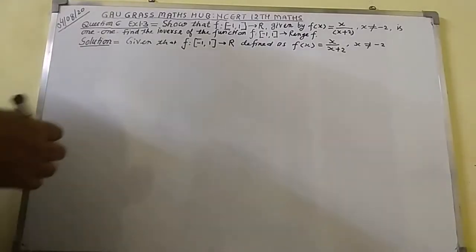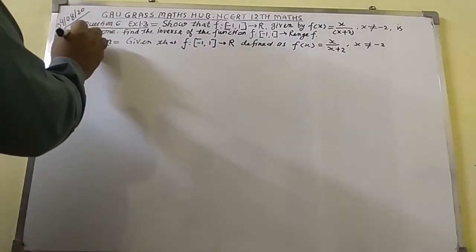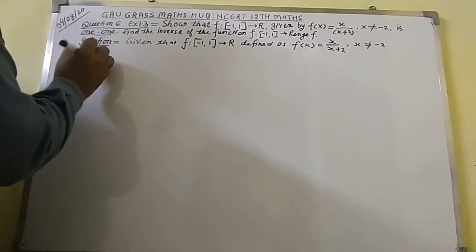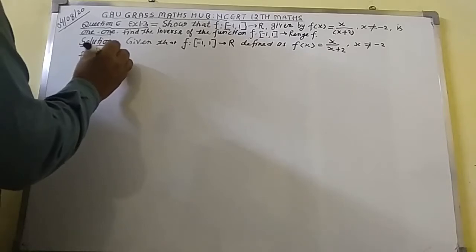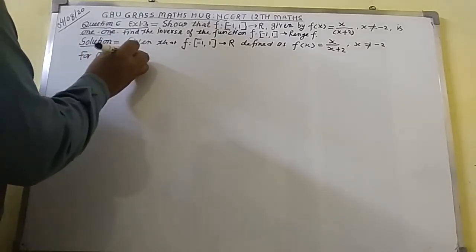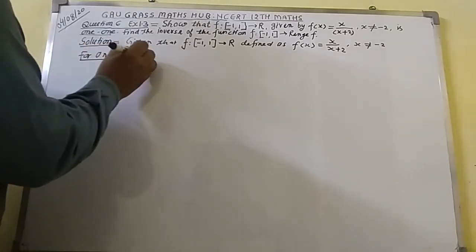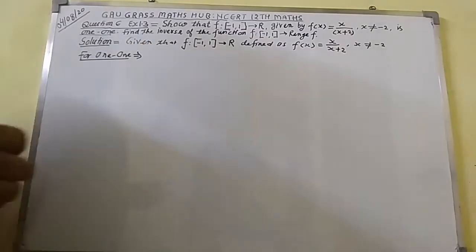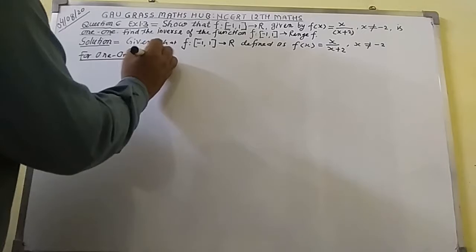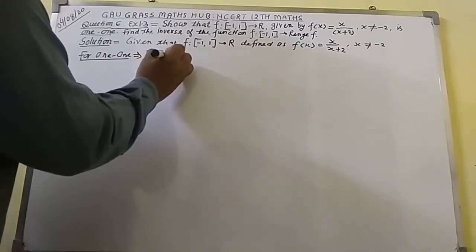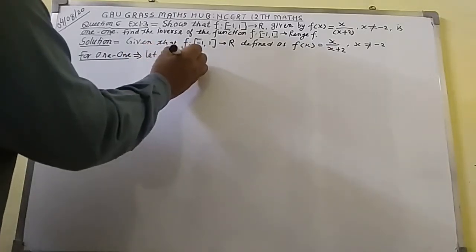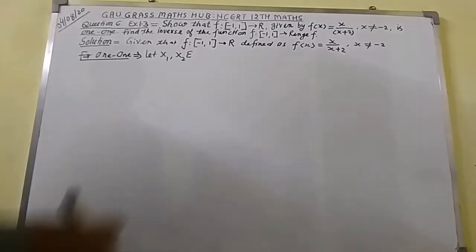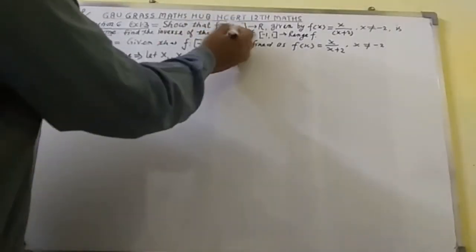So what to do? Here it says I have to prove this function is one-one. So for one-one, I am going to write: let x1, x2 belong to the domain.